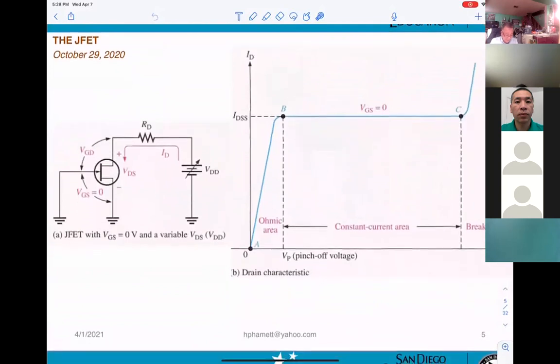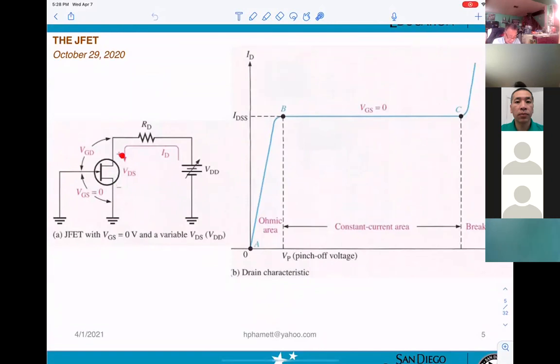Okay, and then you can see this is the JFET in here. Right here will be the gate, and this will be the source. The voltage from the gate to the source, that's what we call VGS. And this is the drain right here, and the source right here.